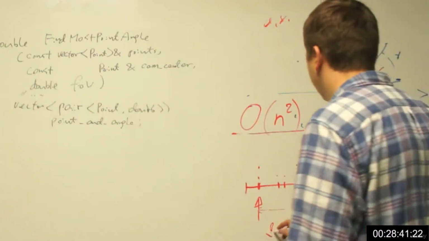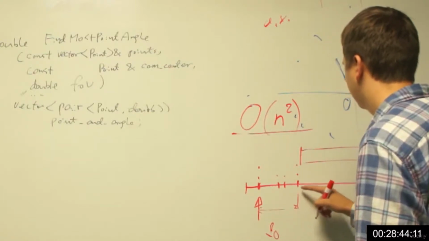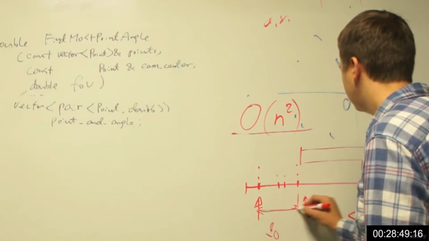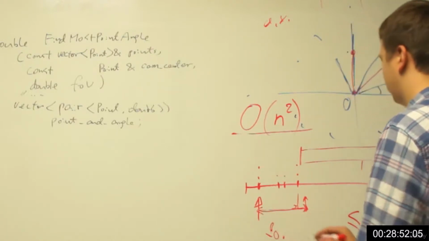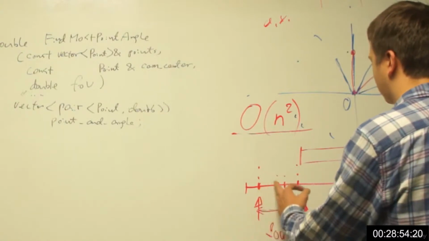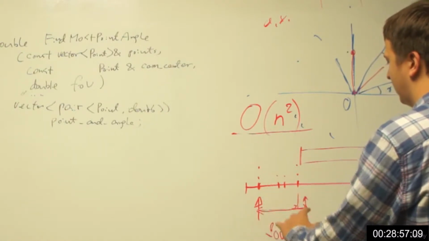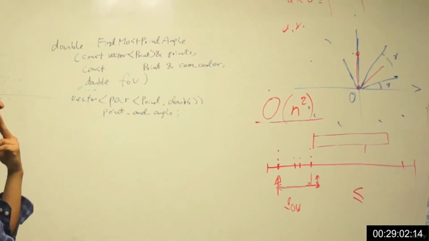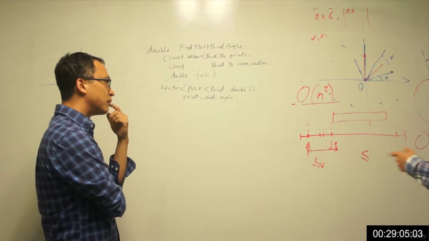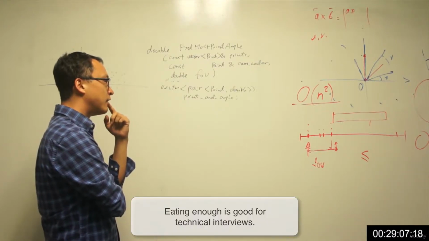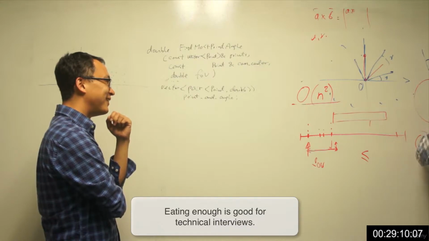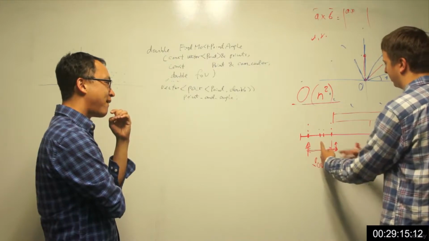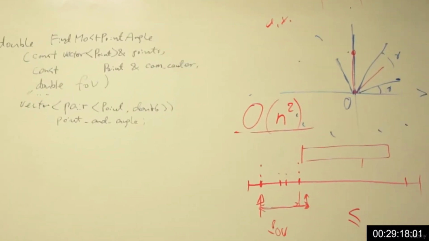So we find this one point, and we just calculate how many points are here, and it's okay. Sorry, I'm too stupid in the morning. This is a big O of n squared solution.